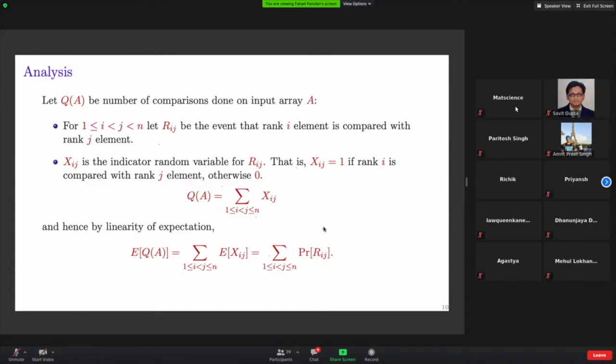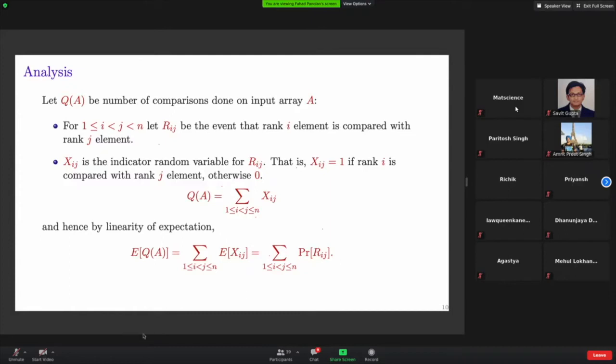So what we want is the expected number of comparisons, that is the expectation of Q of A. And what is Q of A? The total number of comparisons. Xij is 1 if Rij happens, so the total number of comparisons is equal to the summation of Xij. The expected value of that summation is equal to the summation of the expectation of Xij, by linearity of expectation.